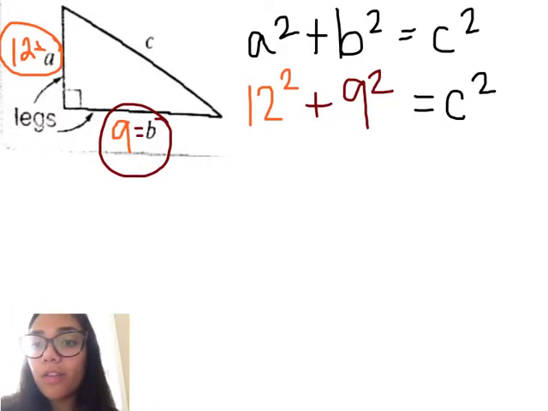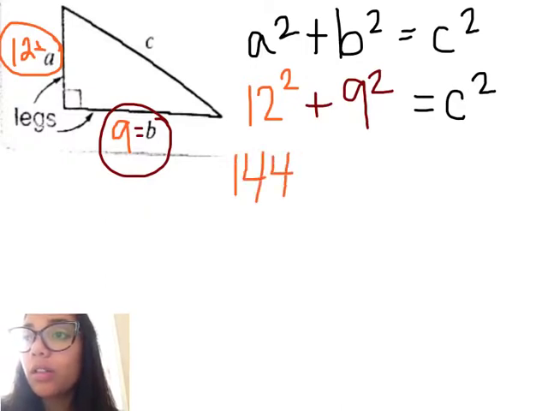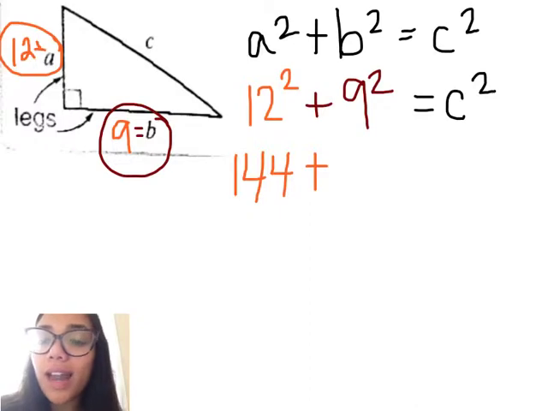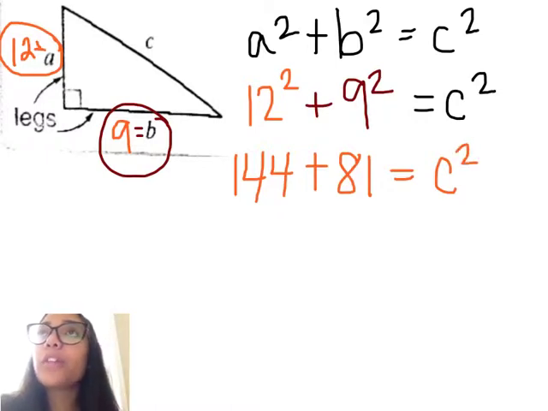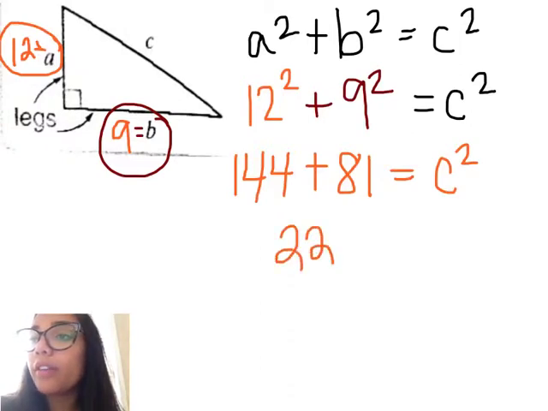And now I just simplify what I know. Well, what is 12 squared? 12 squared is 12 times 12, which you should know, is 144. Plus 9 squared, 9 times 9, which is 81, equals C squared. 144 plus 81 equals 225, equals C squared.